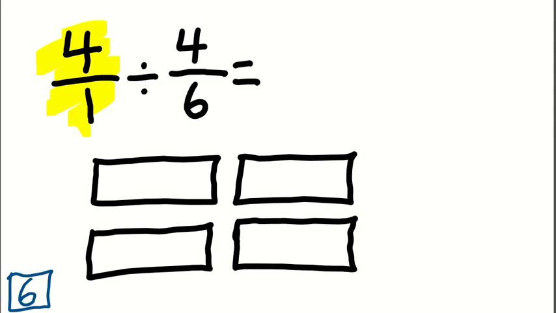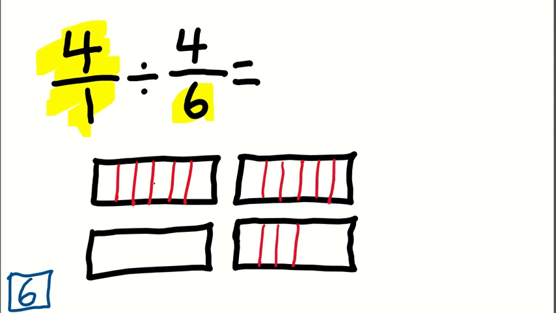Okay, now, how many pieces do I have to split each of these candy bars into? Well, you guessed it, my friends. We're dealing with 6ths again, so I've got to split it into 6 pieces each. So let me do that real quick. I'm going to cut that in half, cut each half into thirds, and theoretically, I should get myself 6 pieces. I did it right there and right here. Boom, we're dealing with 6ths.